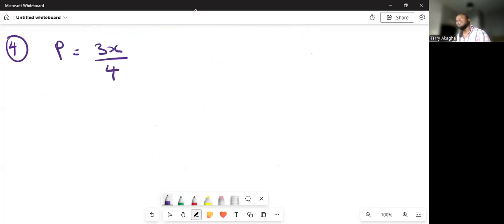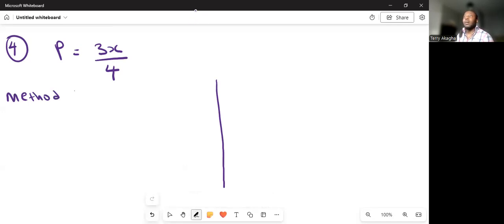So now in this case, you can use 2 methods to solve this. I'm going to use both of them, so I'm going to divide this into 2. You can use cross multiplication, or you can multiply both sides. So the first one, we're going to multiply both sides.